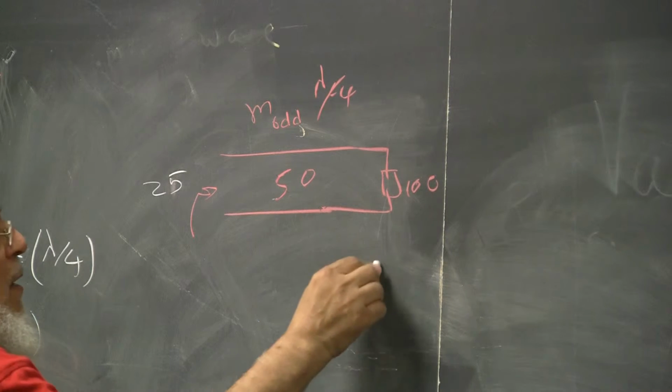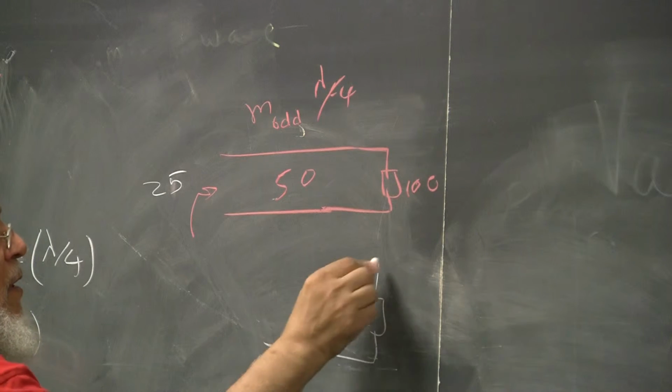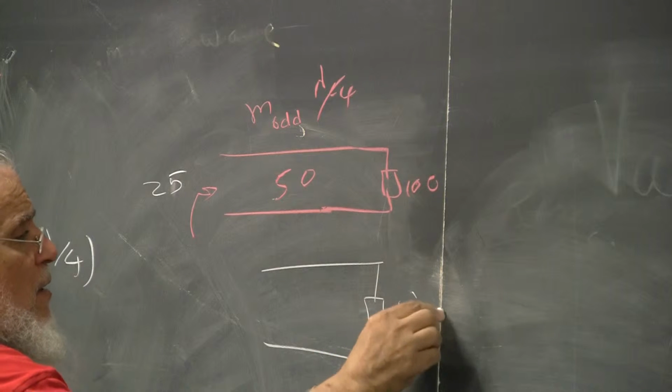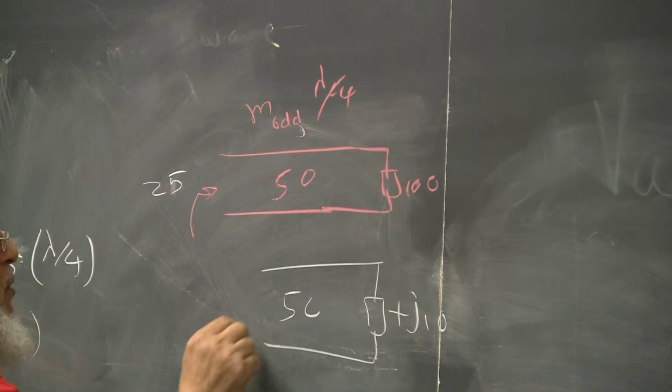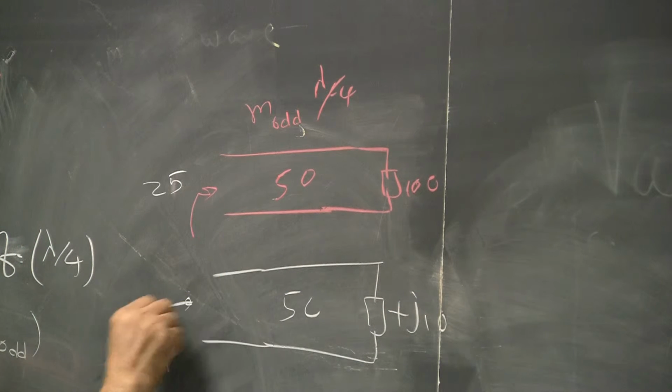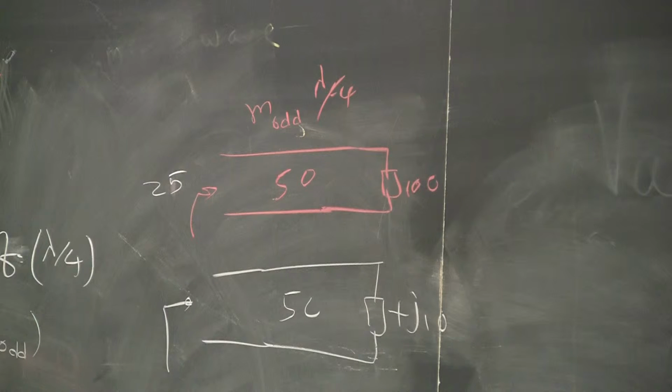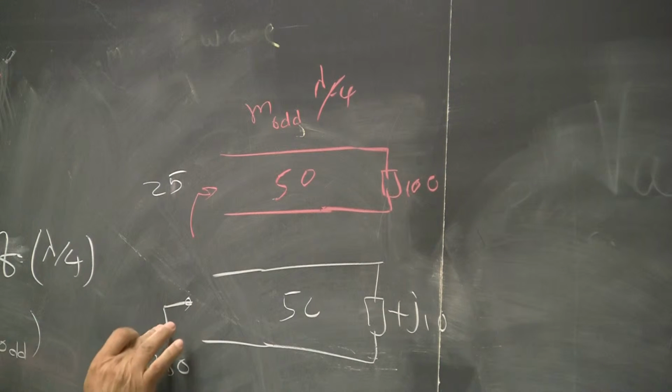Okay. Let's say I put a J10 here, and that's 50 ohms. What do I see here? 2500 by 10, that's 250, minus J, 250, right?